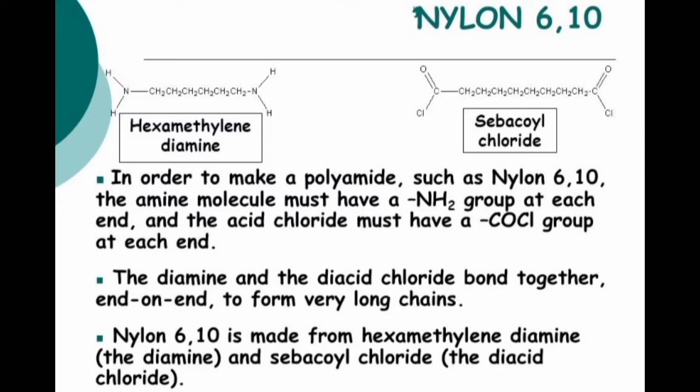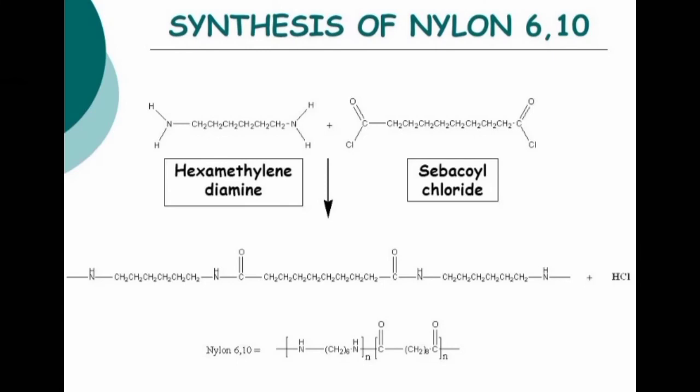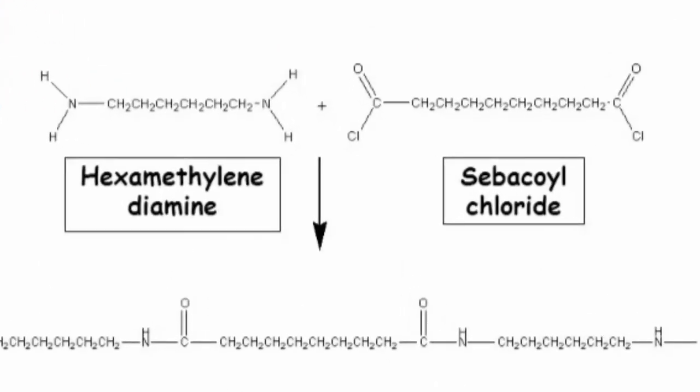Now let us see how nylon 610 is formed from these monomers. You can see on the screen, hexamethylene diamine, the ending group NH2 and the starting group COCl of sebacoyl chloride. Cl from sebacoyl chloride and H from NH2 of hexamethylene diamine are removed. That means HCl is given out from the adjacent monomers to form NHCO, that is CONH amide linkages.